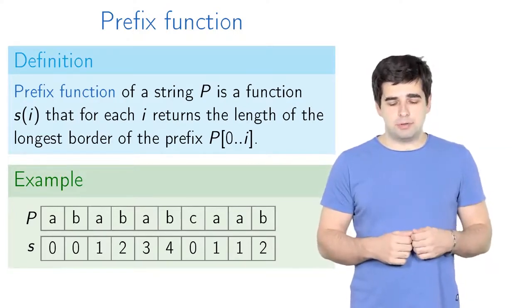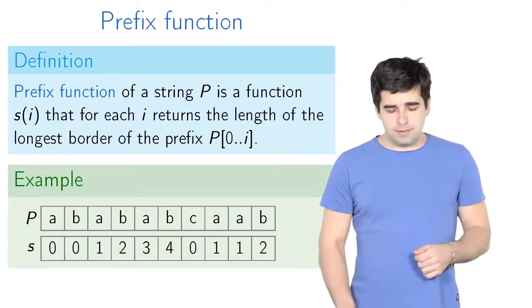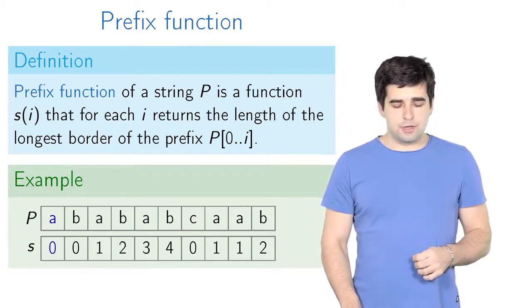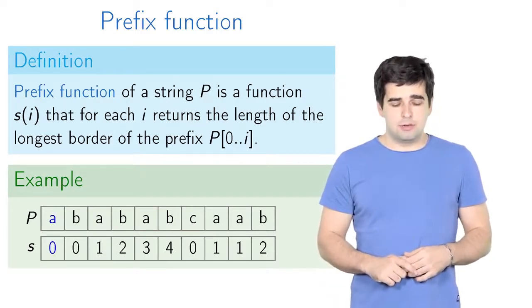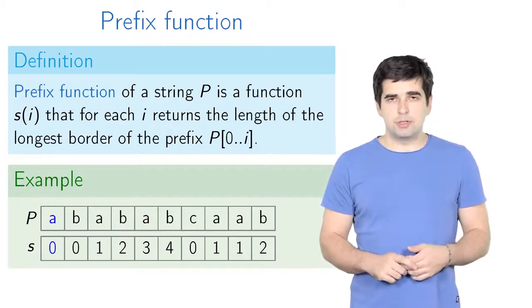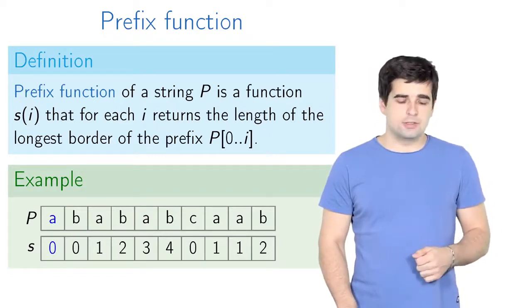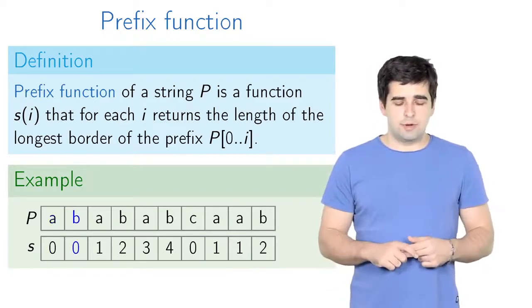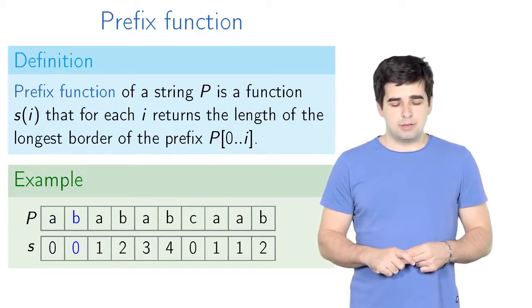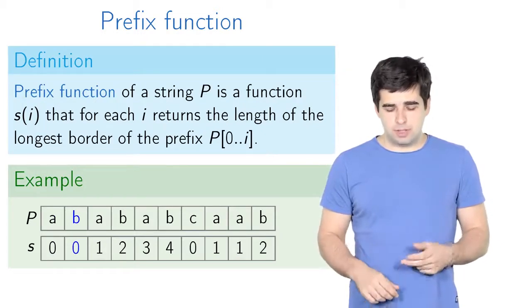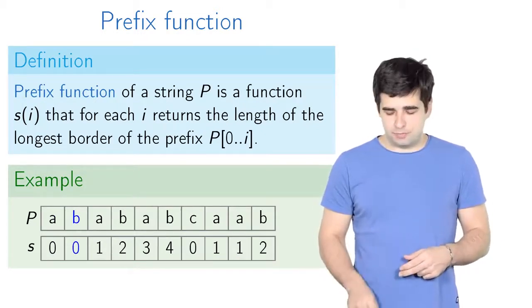Let's consider an example. Here's a string P, and we consider the first prefix of this string, A. For this prefix, there is no border, so the prefix function is 0. Then for the prefix AB, ending in position number 1, there is also no border because A is not equal to B, and so the prefix function is again 0.